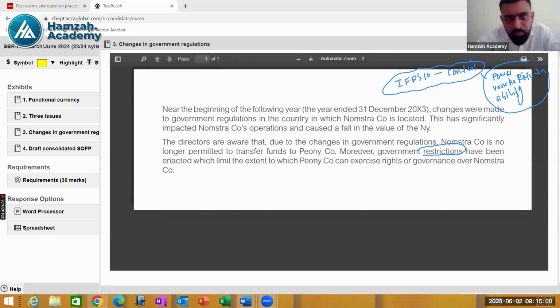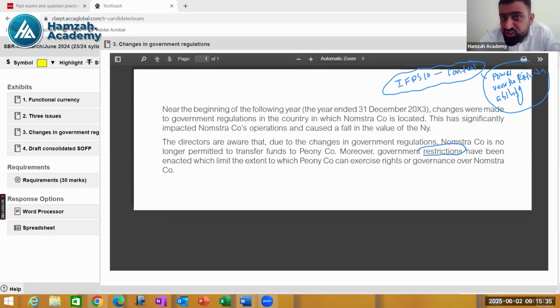So if you have a power, and that power comes from majority shareholding, if you have more than 50%, or through a management contract, or if you are the single major shareholder, that gives you a power. If you have invested in equity, so you have a right or exposure to the variable return. And if you have the ability to use that power, that means you have a control over the subsidiary, and that is your subsidiary company. And in that case, Numestra is the subsidiary.